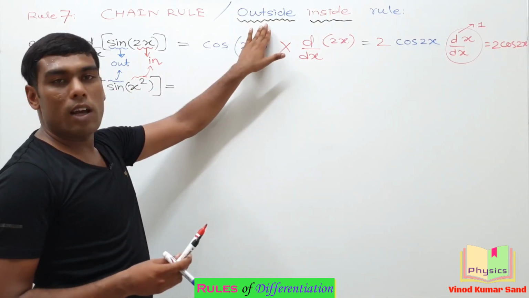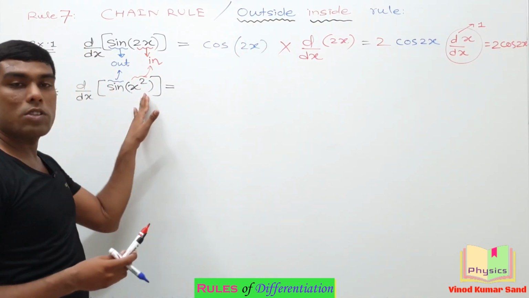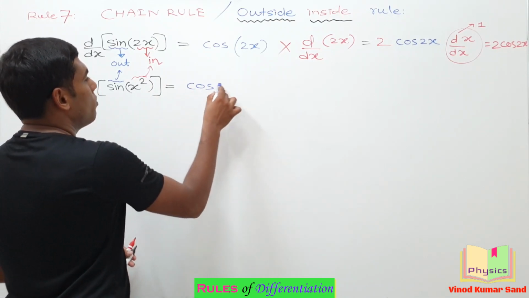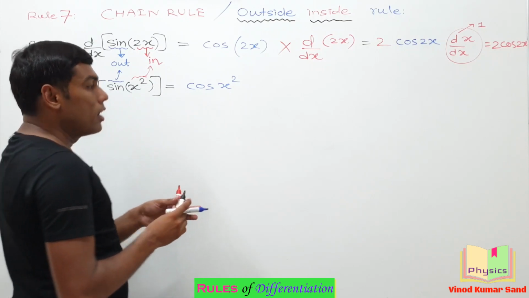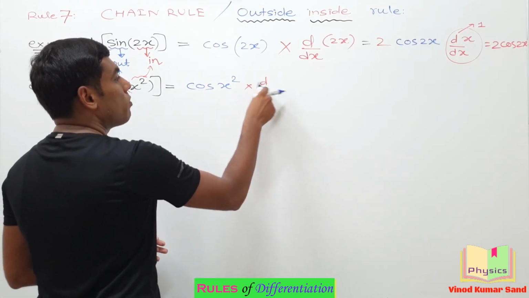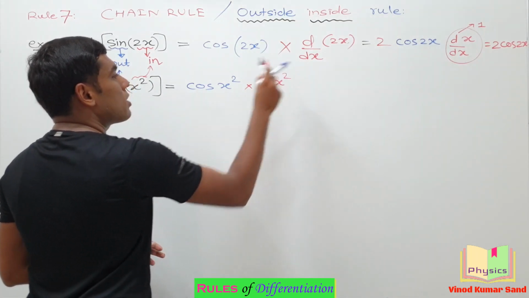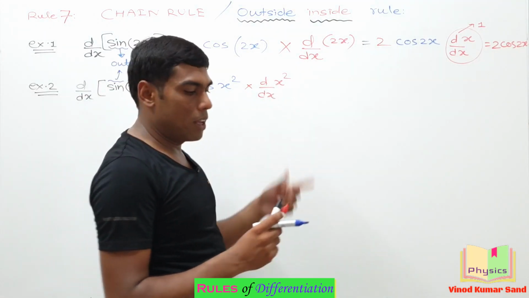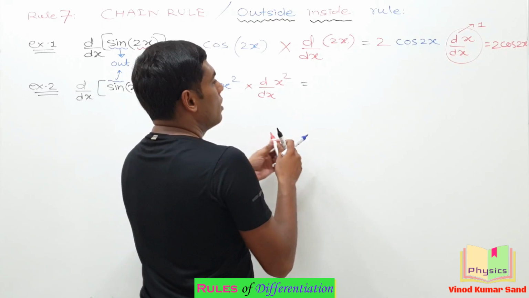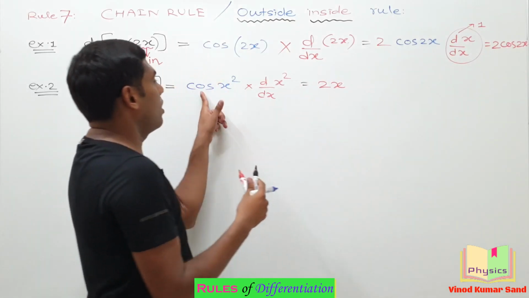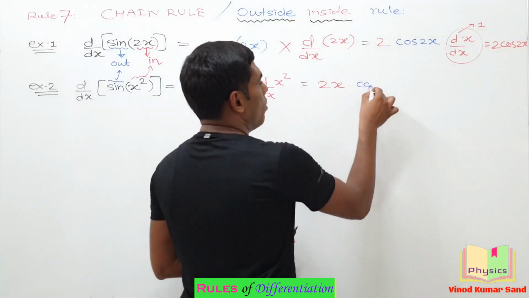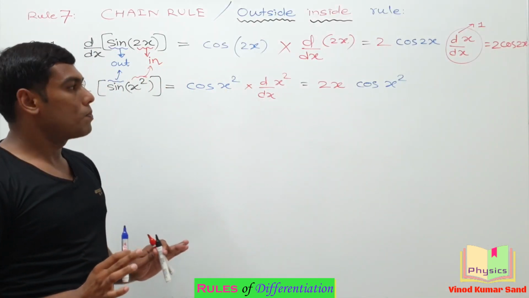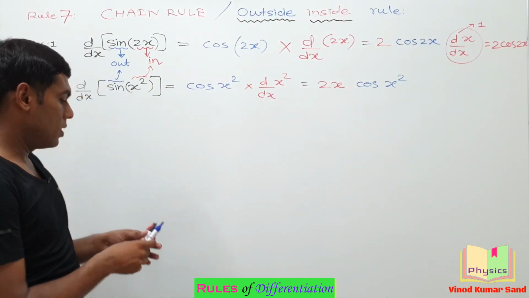When you differentiate the outside function, sine of something will become cos of something. So cos of x square into, you need to differentiate the inside function. And what is the differentiation of x square? Everyone knows it will be 2x. So writing that 2x here, and already we had cos of x square. Getting it? Pretty simple answer.